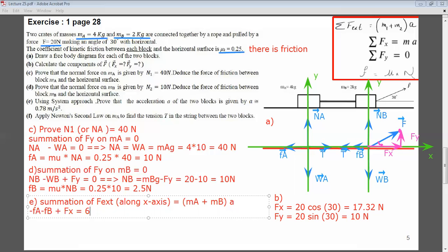So this is 6A, which implies A is equal to minus FA, which is minus 10, minus FB, which is minus 2.5, plus Fx, which is 17.32, all of this divided by 6, and I get this to be 0.8 meters per second squared.